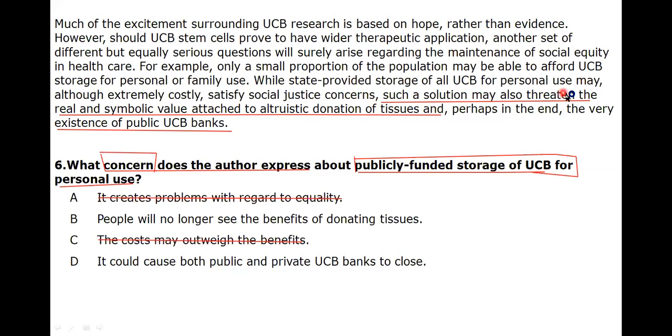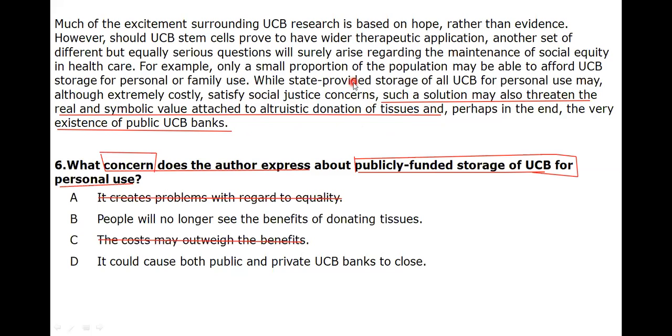So such a solution may threaten the real and symbolic value attached to altruistic donation of tissues because everyone is donating it without any selfish purpose, right? Because it is a volunteer kind of bank and it is altruistic donation. Altruistic means when you do it without any selfish purpose, when you do it for the benefit of others.